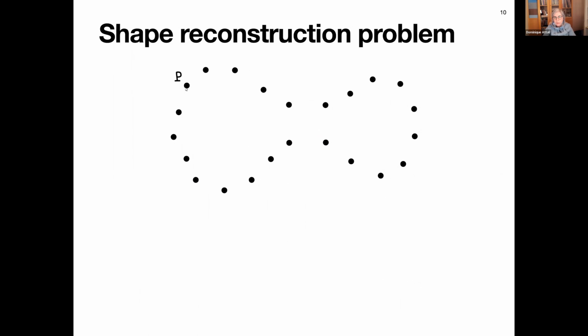For instance, consider this set of points here and try to reconstruct some curve from those points. In the middle, it's unclear what we should do. The reason is that the density of the point set is not high enough compared to the reach of the shape that we are trying to reconstruct.